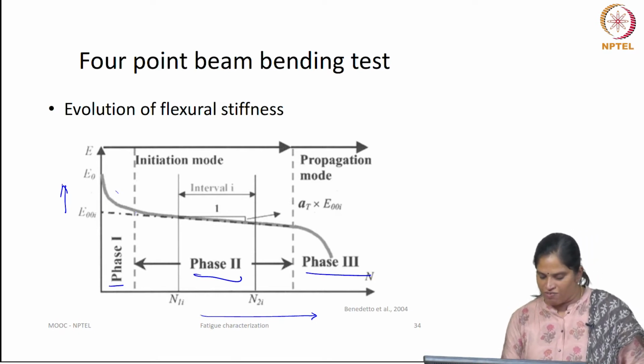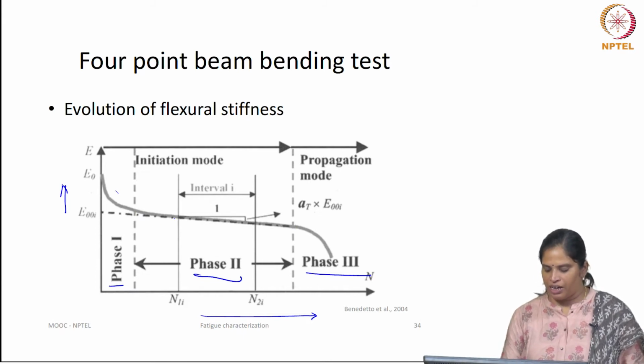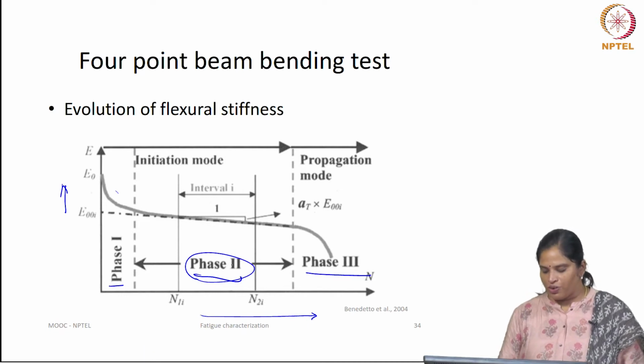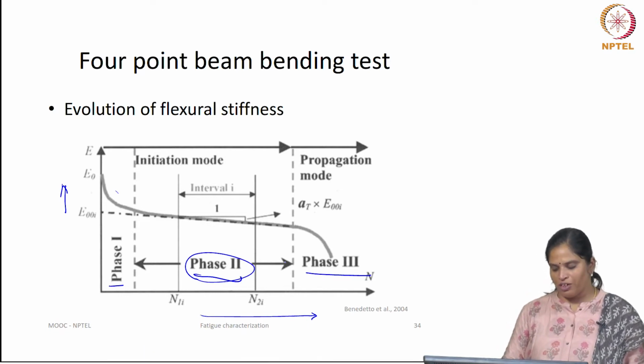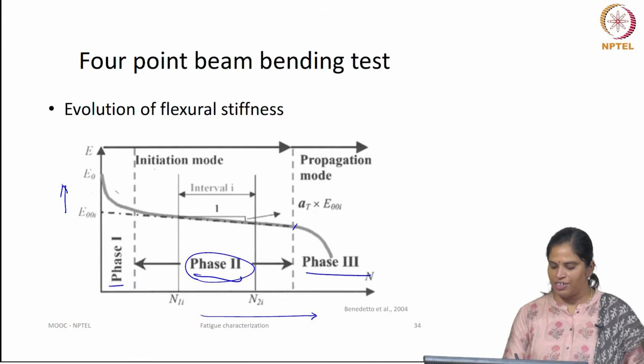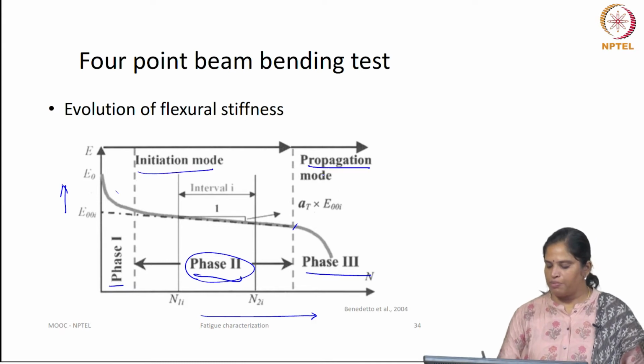Now, if you see phase 2, you have a gradual decrease. We say that in this gradual decreasing phase, that is phase 2, micro cracks start forming. The micro cracks coalesce to form a macro crack when it moves from phase 2 to phase 3. So, we say phase 2 is the initiation mode and phase 3 is the crack propagation mode.